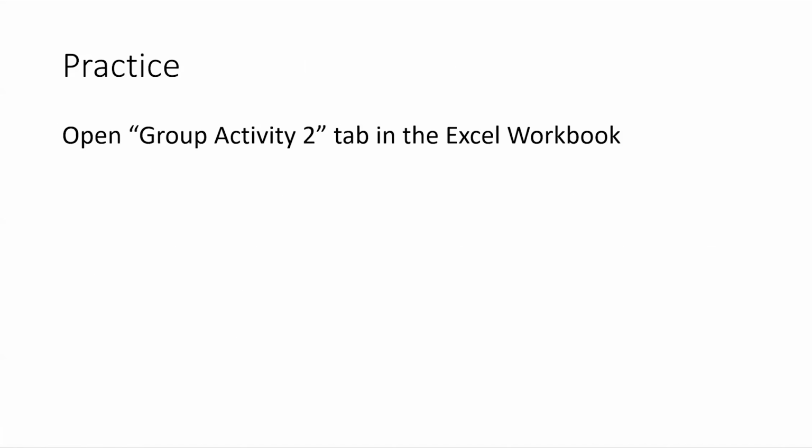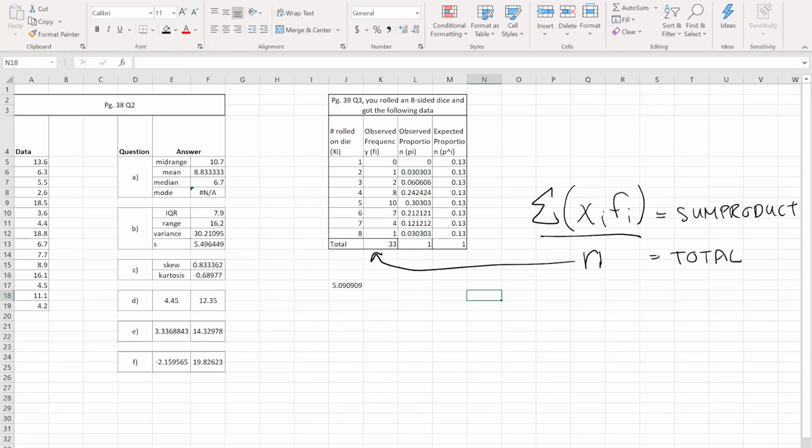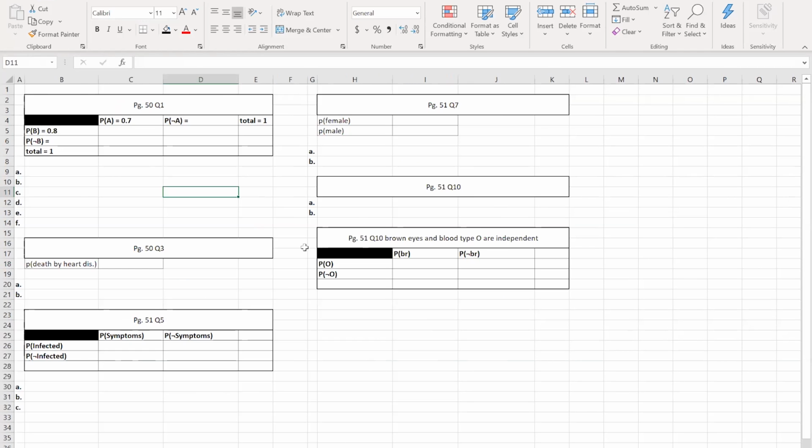So we will just go ahead with Excel. It's kind of interesting, I guess, because when we're doing probability with Excel, we're not using any fancy functions or anything. We're just doing basic math. I really like and recommend that you use tables like this.